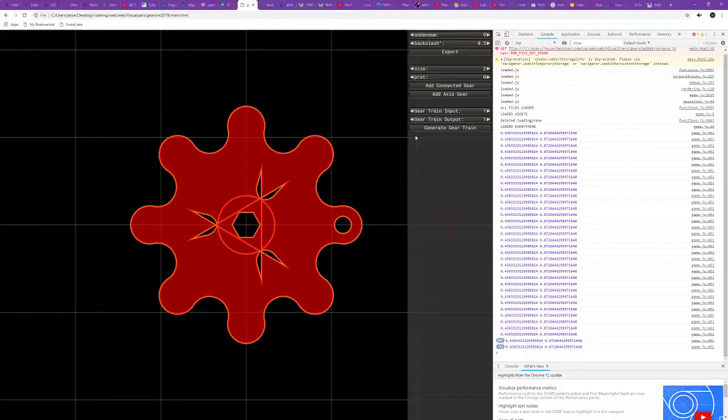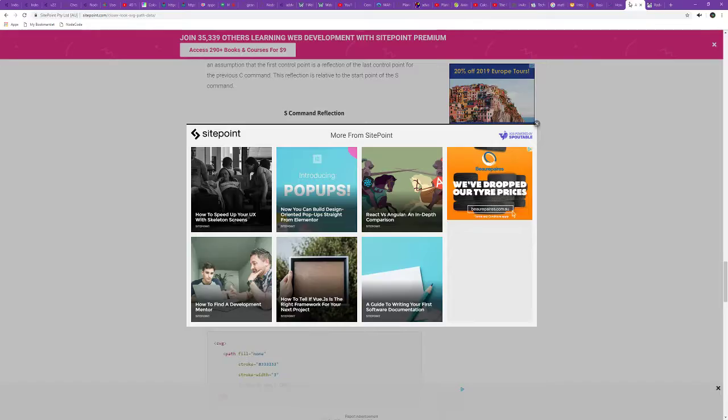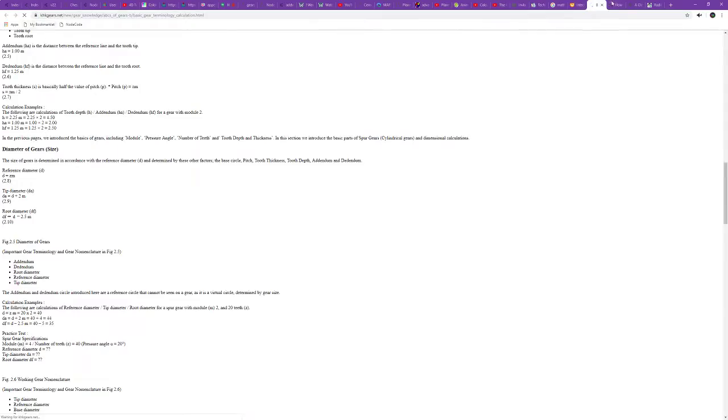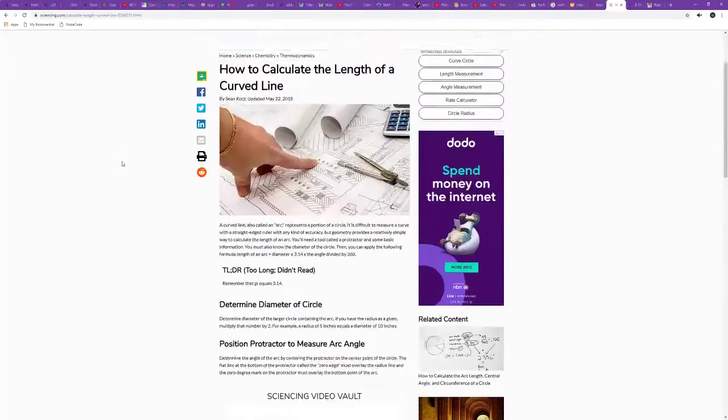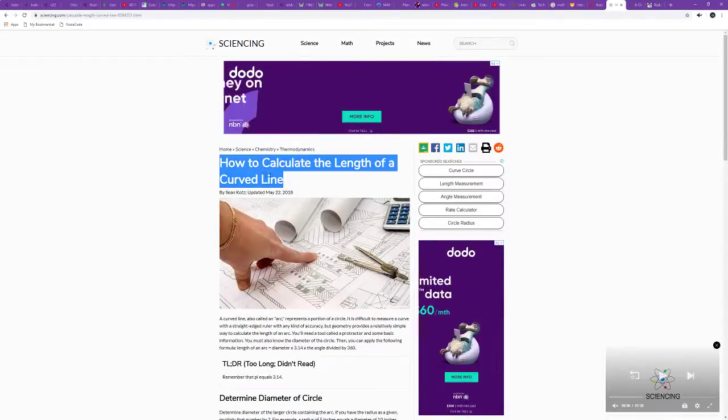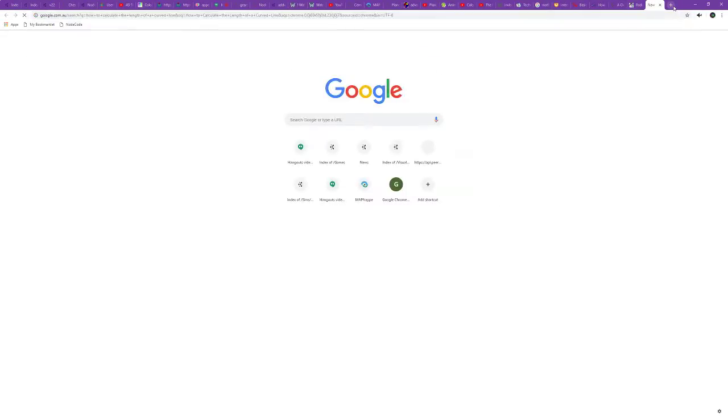What do I Google for this? What did this say it was? Length of a curved line. Oh! I want the curves of a... what do I want? Okay, so I want the opposite of that.